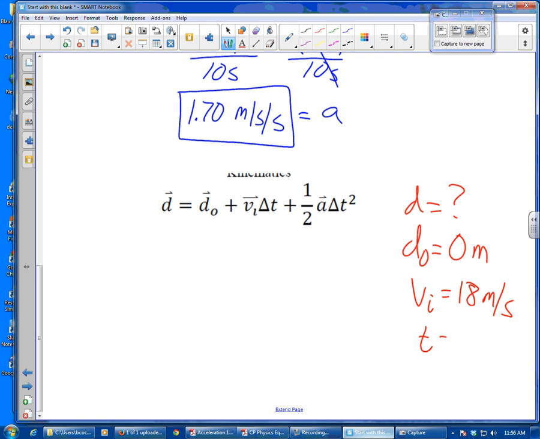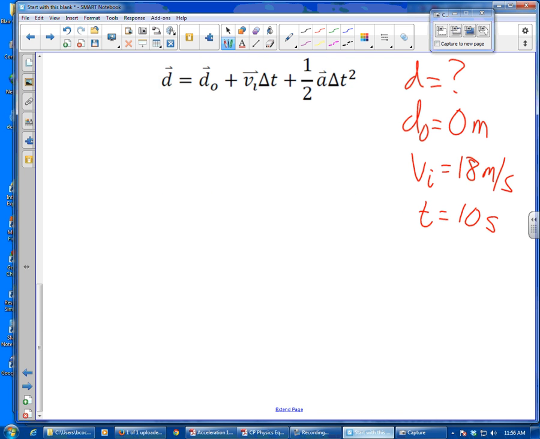The amount of time I moved for was 10 seconds. And let's see, what else do I know? Oh, I know my acceleration now, right? My acceleration, I just figured out 1.70 meters per second squared. Oh, cool. I've got all the variables, all the values set to the one that it asked me to find. That's kind of neat.